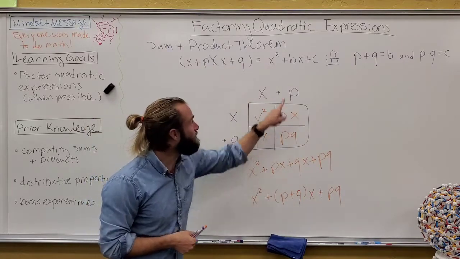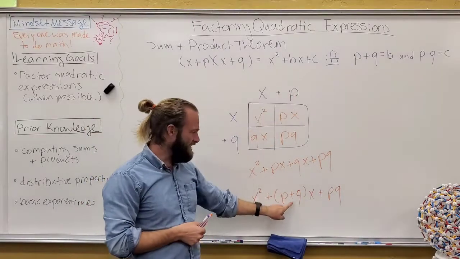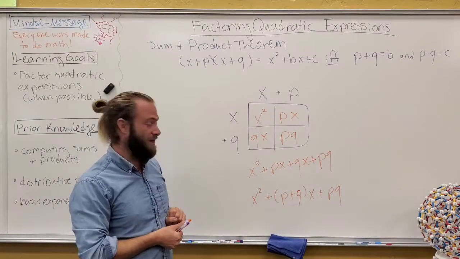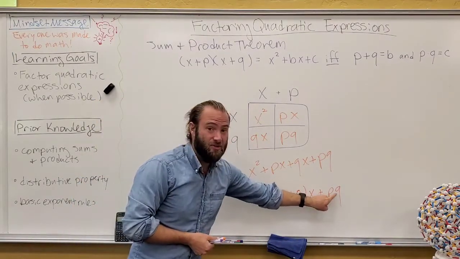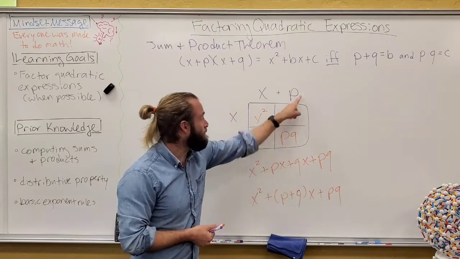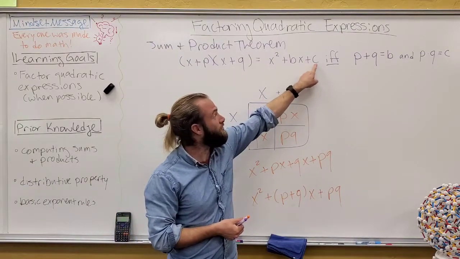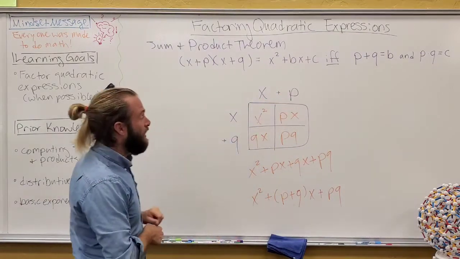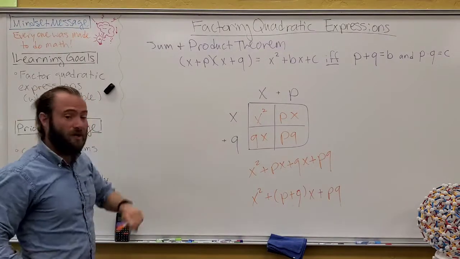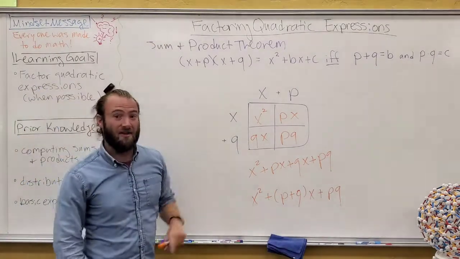We can match that up with that, because this added together is just one single value. And then whatever the single value is at the end is always going to be formed from the product of p and q. So that's what we would call c. All right? So that's what we're going to utilize to actually start factoring.